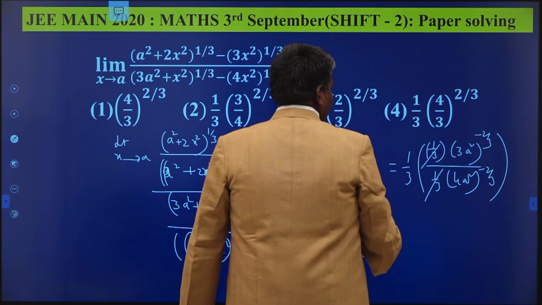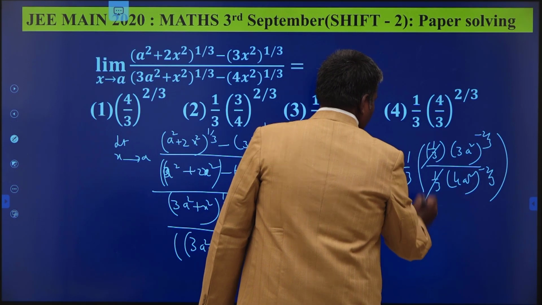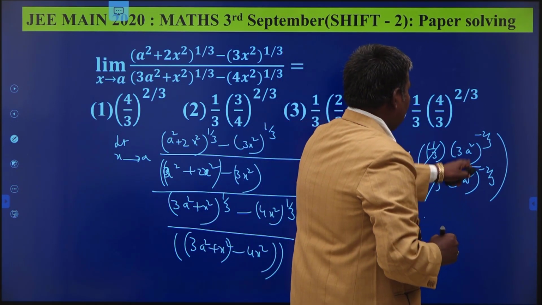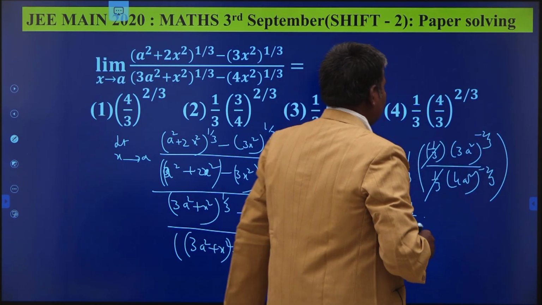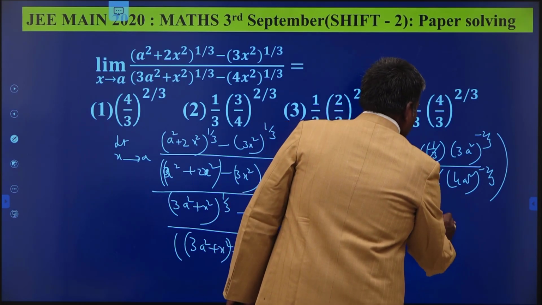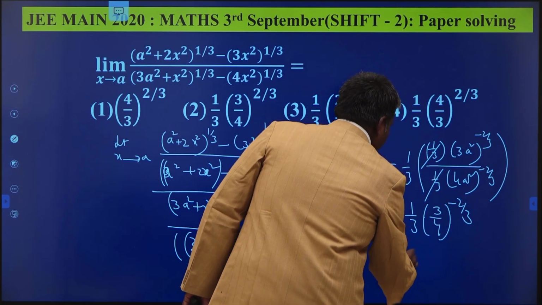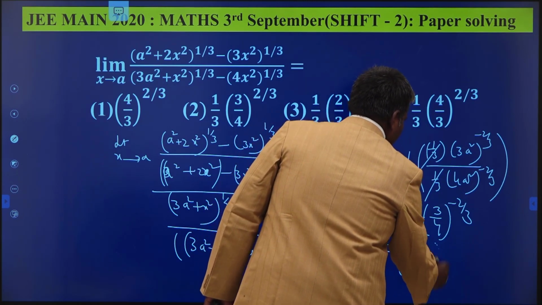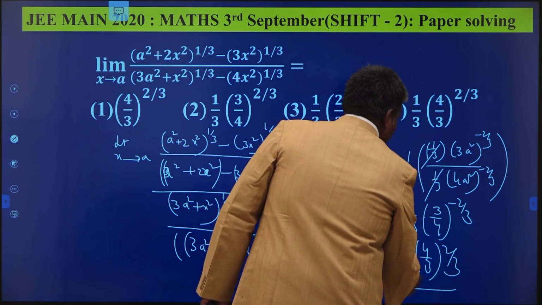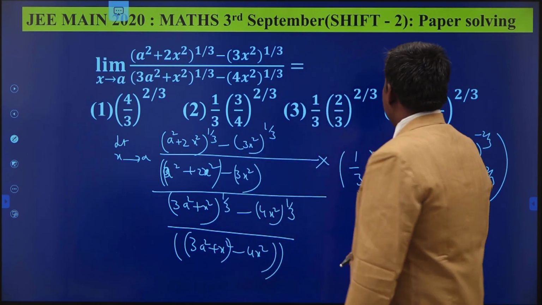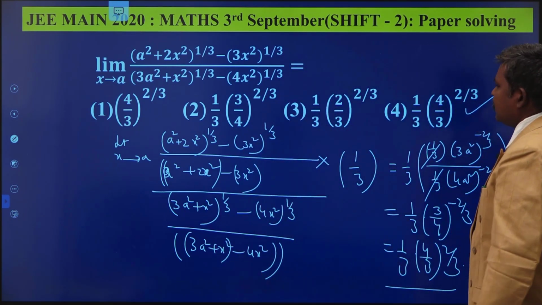So 1 by 3 gets cancelled. A power minus 4 by 3 also gets cancelled. 3 by 4 whole to the power of minus 2 by 3, we mean 1 by 3 times 4 by 3 power 2 by 3. So 1 by 3 times 4 by 3 power 2 by 3 is your answer.